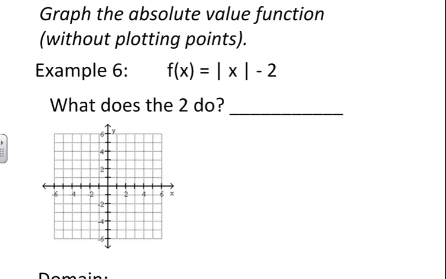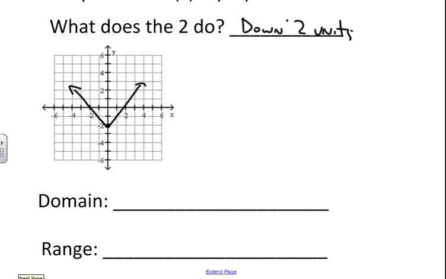Let's do one more for you. All right, so in this example, we're subtracting 2, so the vertex is going to move down 2 units from the origin. Okay, the domain, again, like I said, with the absolute values, the domain is all real numbers.